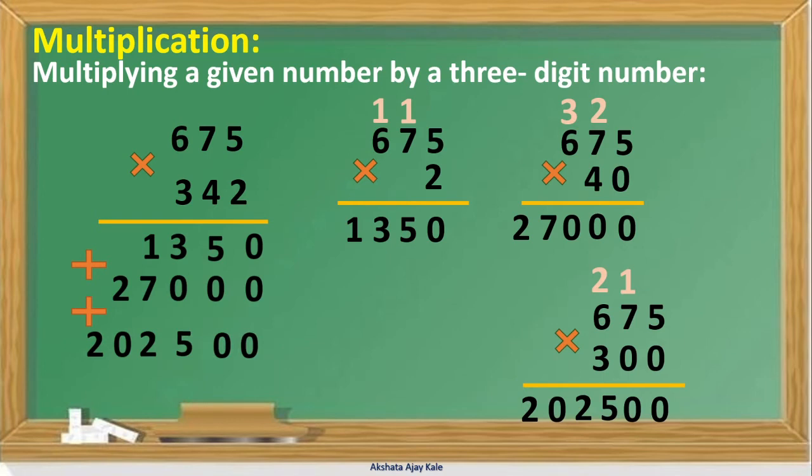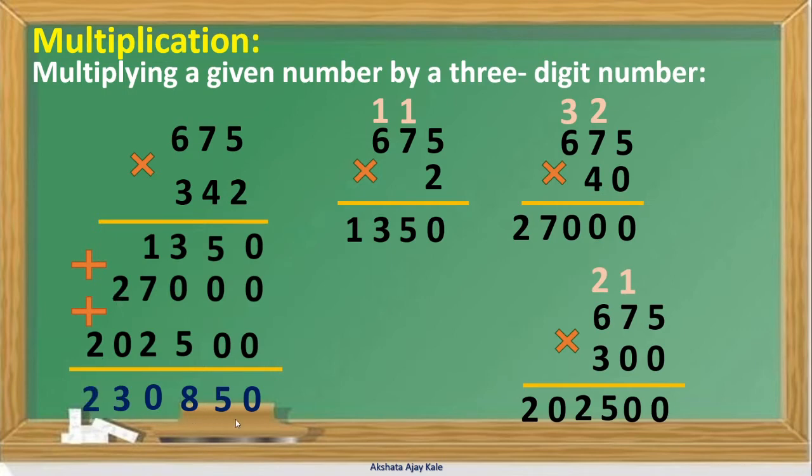Now we are going to add all these three numbers. From the unit place we are going to add. 0 plus 0 plus 0, that is 0. 5 plus 0 plus 0, 5. 3 plus 0 plus 5, that is 8. 1 plus 7 plus 2, that is 10, isn't it? 0 here, 1 is carried over. 1 plus 2, that is 3, and 2 as it is we will take down.